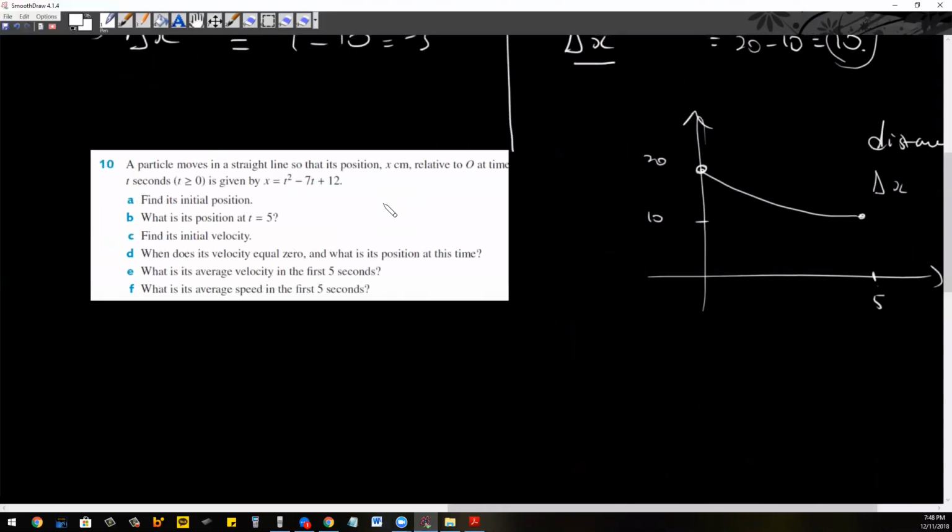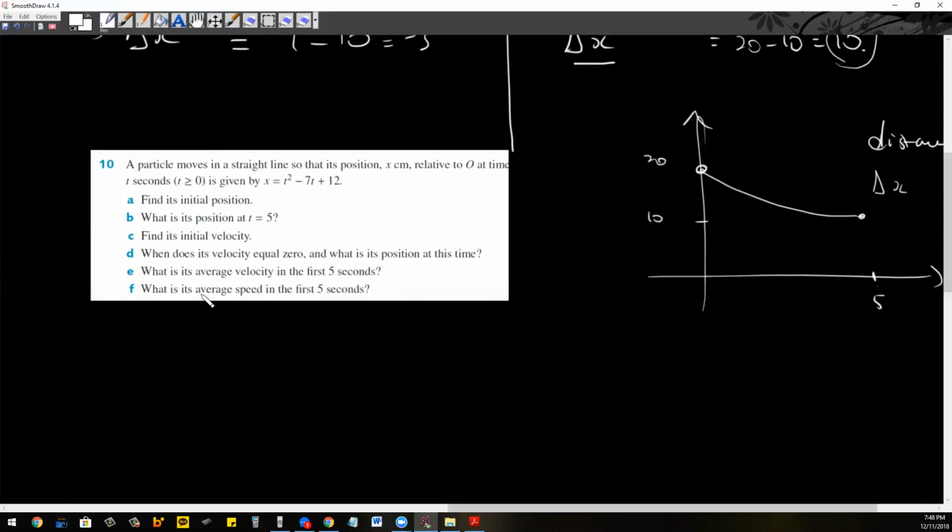I don't think it asks on this question, but I know the answers work out the distance, because maybe there's an average speed. If you want to know average speed, you need to know the distance, right? 5 seconds.